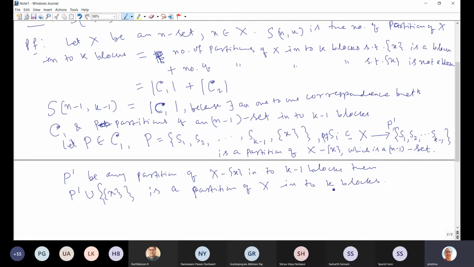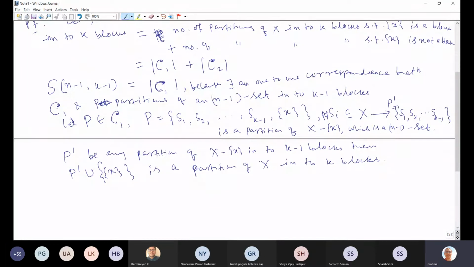So did you get this one-to-one correspondence? Is it clear now? Yes, ma'am. Okay, fine. Because of this one-to-one correspondence, the cardinality of C1 is equal to the number of partitions of an n minus 1 set into k minus 1 blocks, and that is why we get this equality.